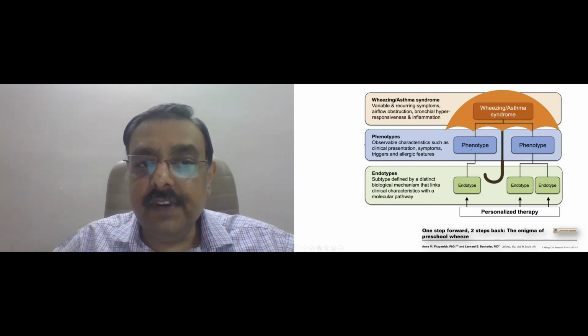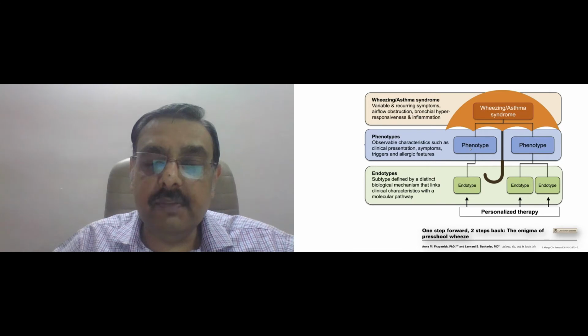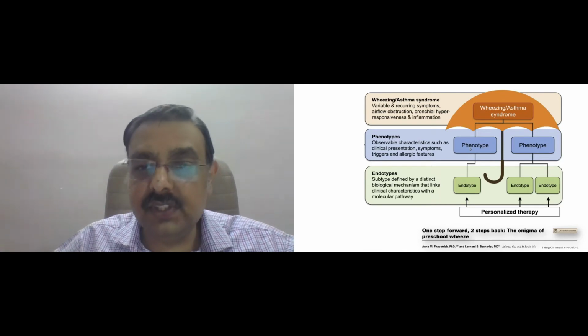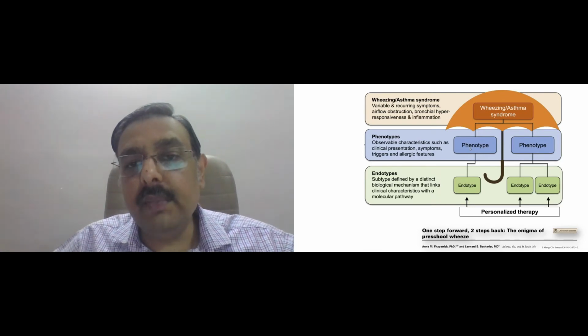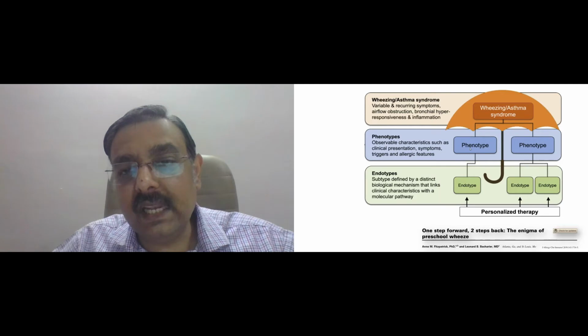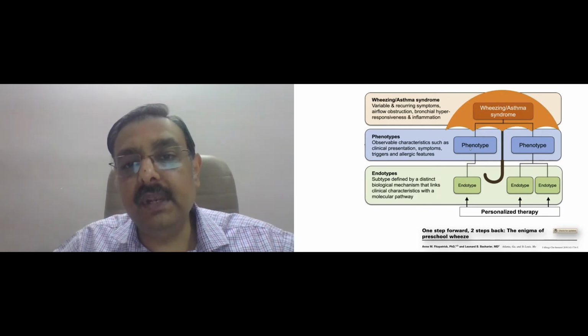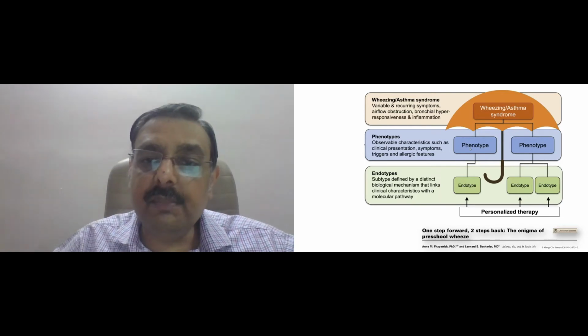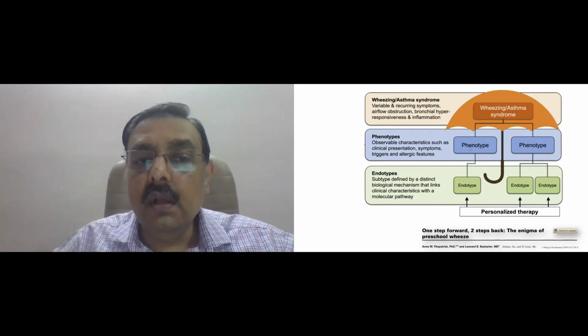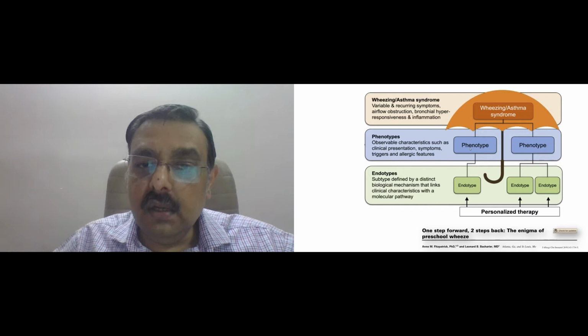Now, what is meant by a phenotype is that it is an observable characteristic such as a clinical presentation, symptoms, triggers, and allergic features. Right? So there might be a phenotype which is allergic to one thing, for example, a dust mite. There might be a phenotype of asthma which is allergic to pollen, but that is basically on a clinical background.